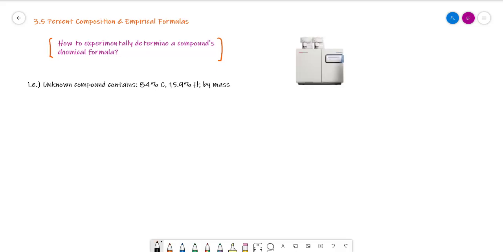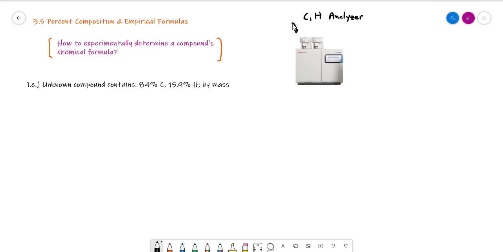Okay, so in the field of chemistry, typically, if we have an unknown compound and we don't know what it is, we use a tool to figure out what that is. In this case, we'd use this tool here called a CH Analyzer, which we have in the chemistry department at Colorado College.